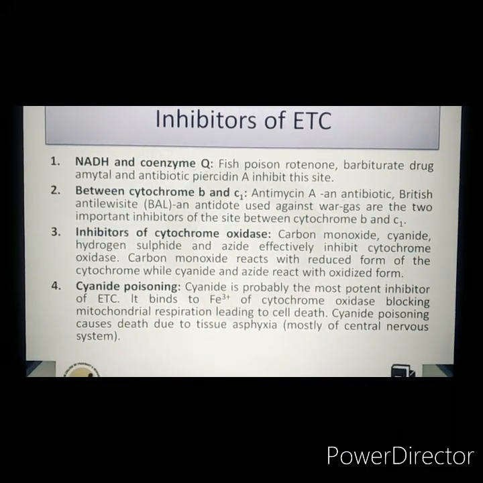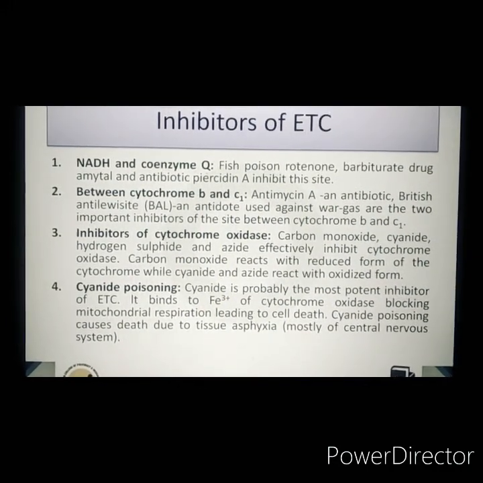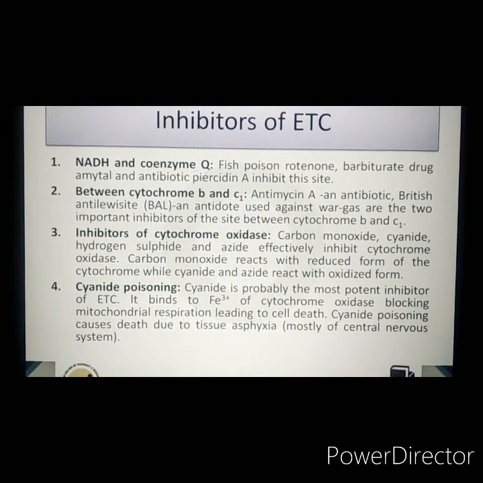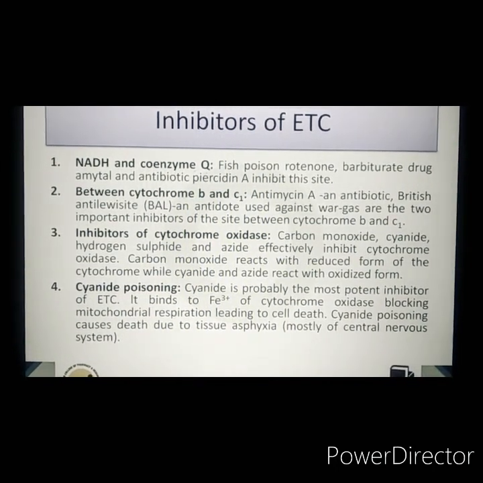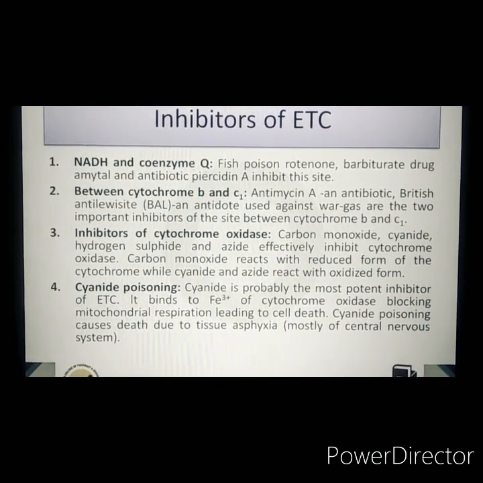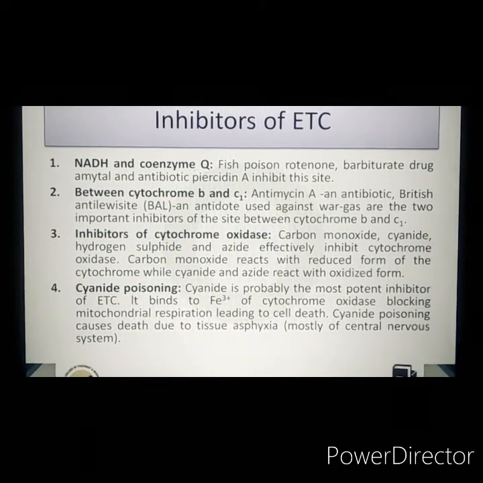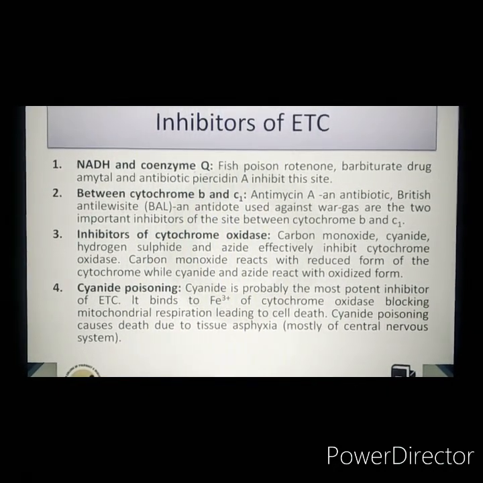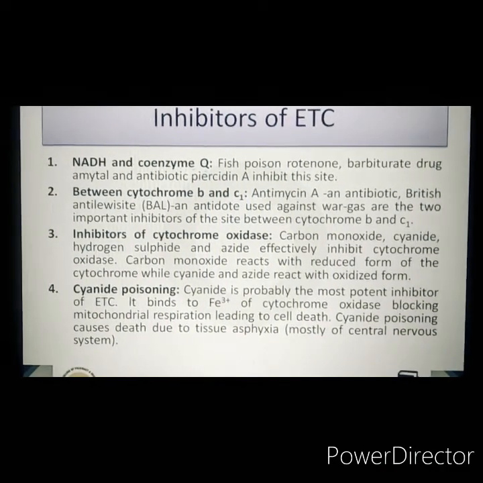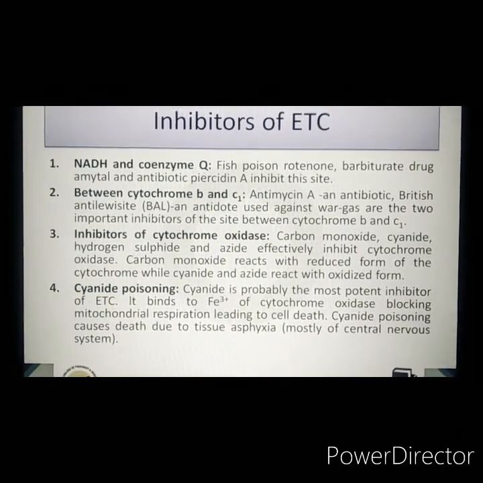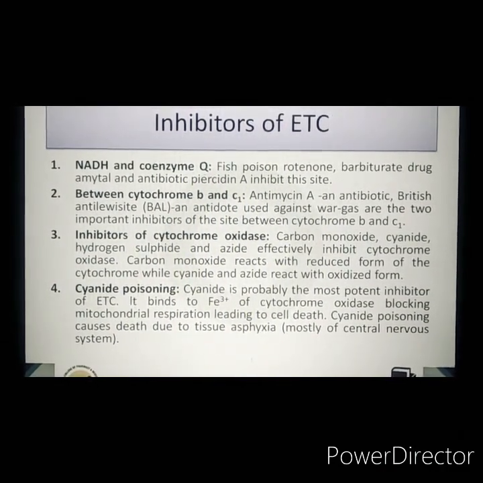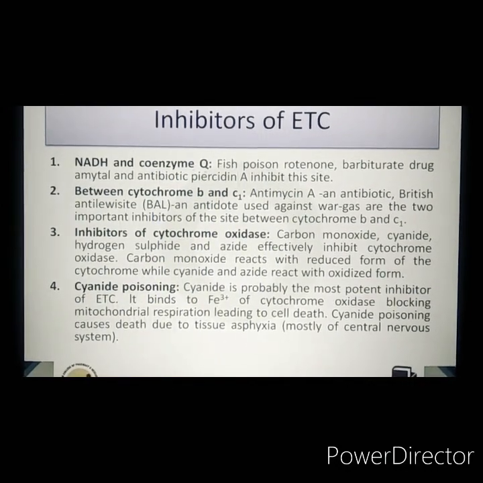So all of these inhibit the oxidation processes, or you can say redox reactions, carried out during NADH dehydrogenase as well as coenzyme Q. So the very first step of ETC is stopped, and there is no generation of ATP because there is no oxidation of NADH.